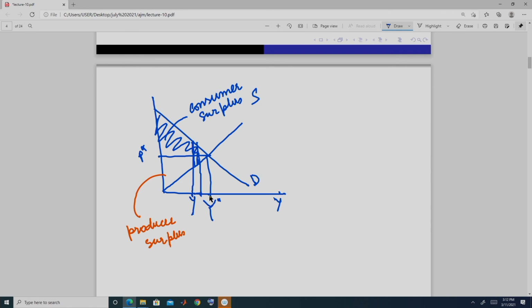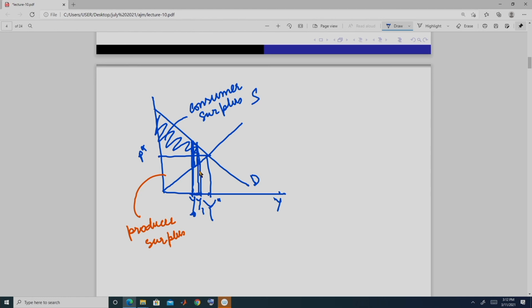So, this is the equilibrium output, the market output, and suppose instead of this we produce this y naught. At y naught, we are producing this much. Now, suppose instead of this we produce y 1, then we are adding this portion.